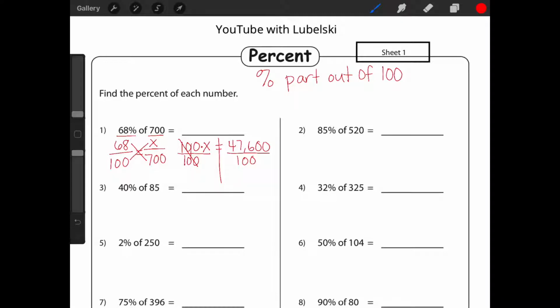Anything divided by itself simplifies to 1, and I'm left with x equals 47,600 divided by 100. My zeros cancel out, and I'm left with 476. Therefore, 68% of 700 is 476.